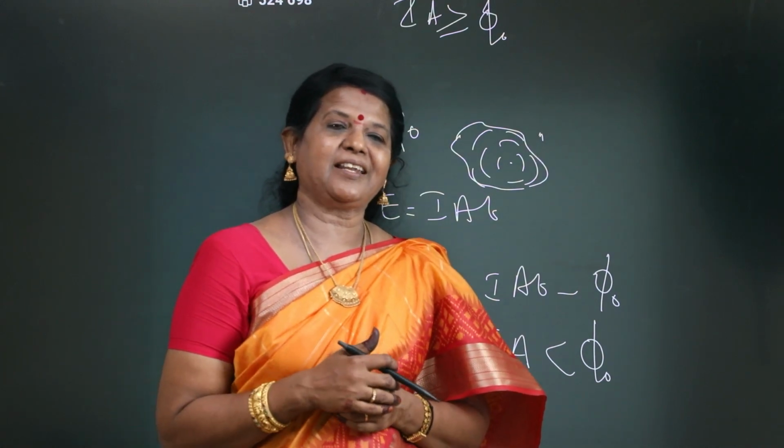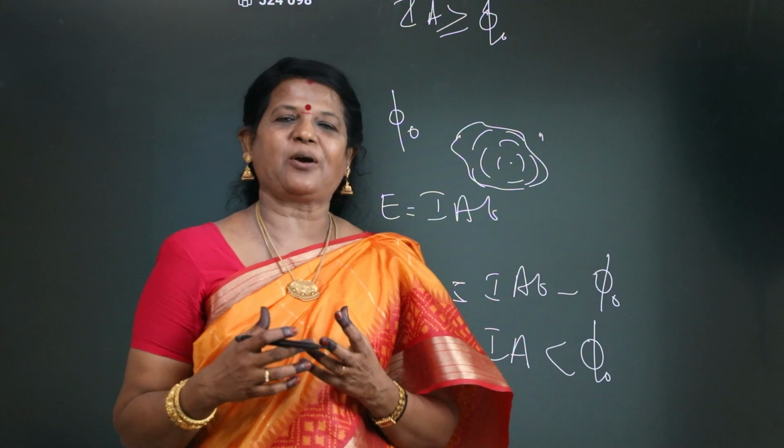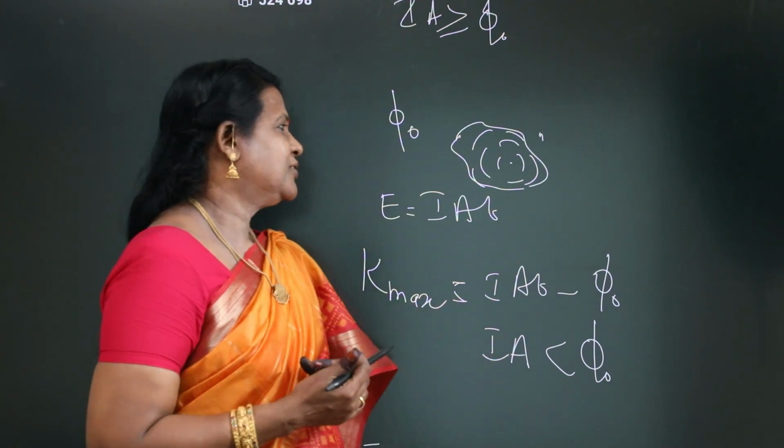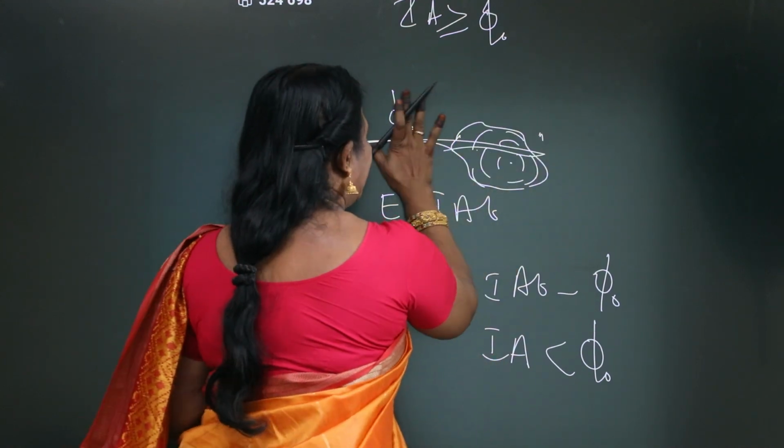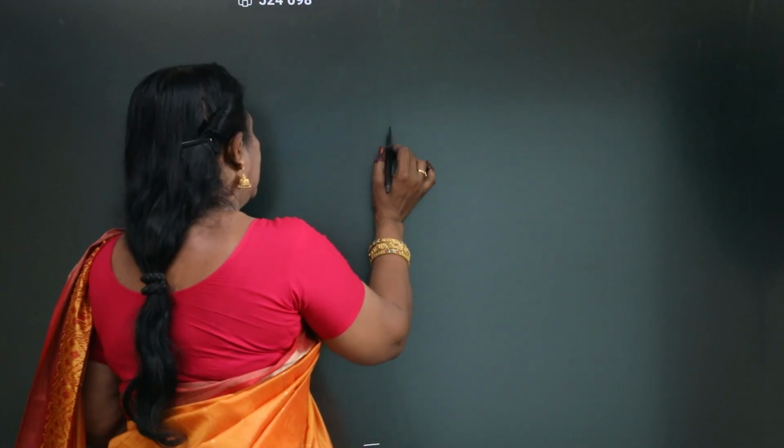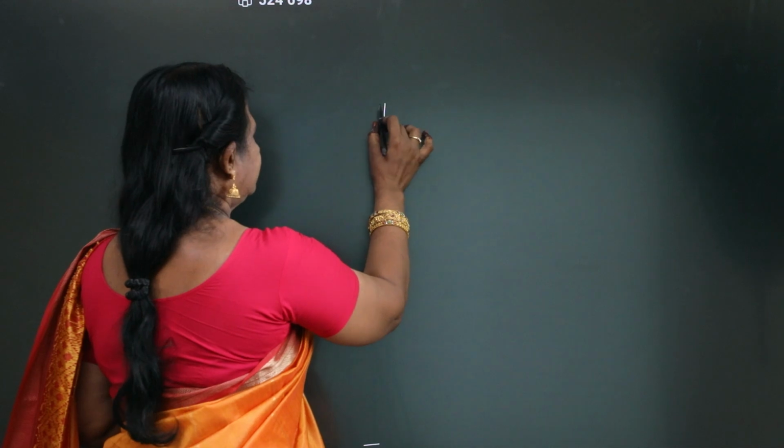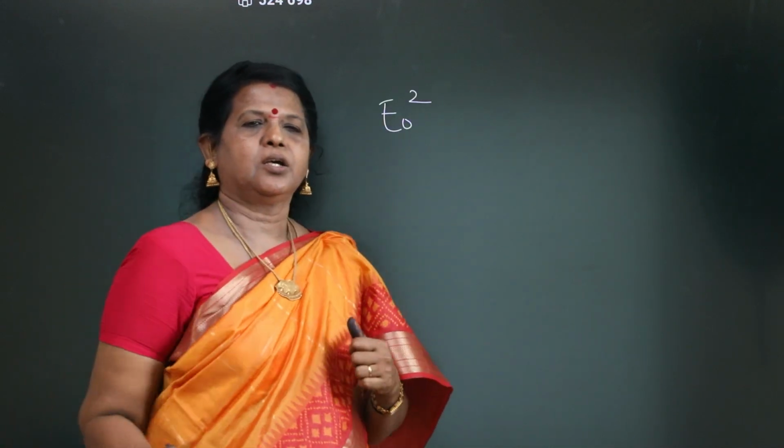According to the wave theory, the intensity of the light wave is proportional to the square of the amplitude of the electric field, E naught. So what is the amplitude value? That is equal to E naught square.